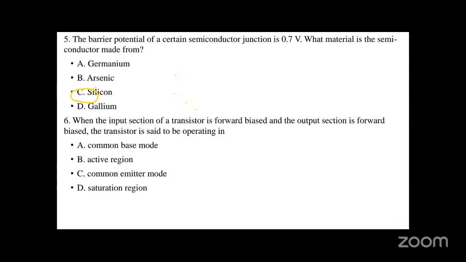Then if we configure the transistor in a way that both input and output sections are forward bias, that is the saturation mode. And that is when the transistor acts as a short circuit. In that form, the transistor acts as a switch that is on.